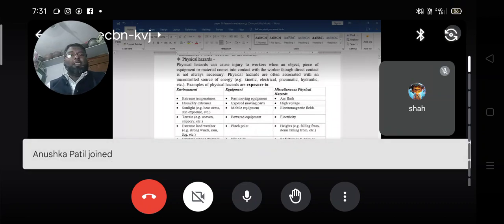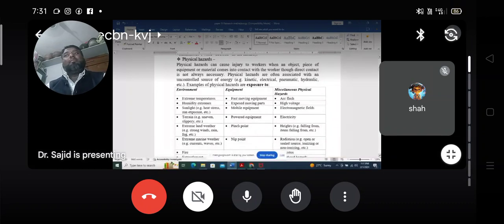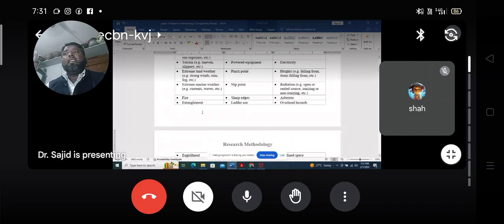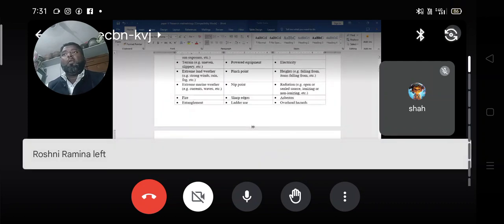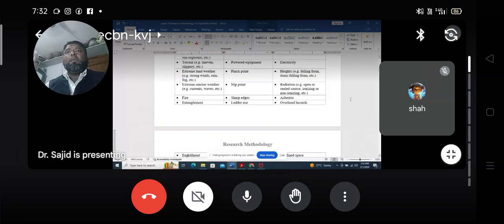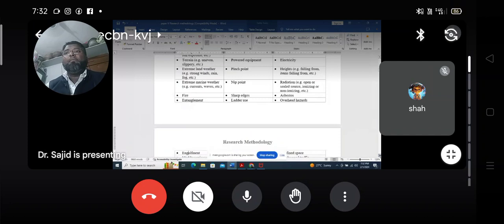Environment is when sometimes the temperature is high, sometimes it is humid, or due to the sunlight you can have some physical hazards. Then extreme land weather, marine weather, strong winds, fire, engulfment. This is the list. So many physical hazards are there in different forms.